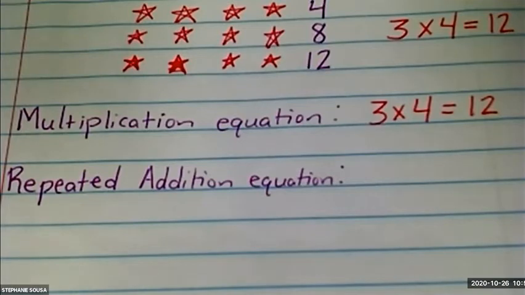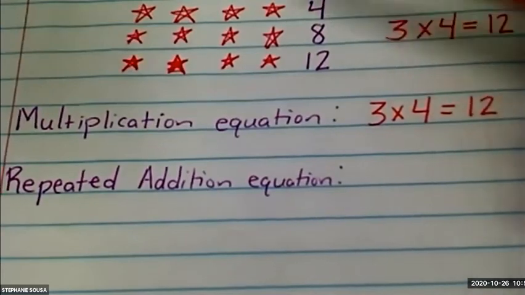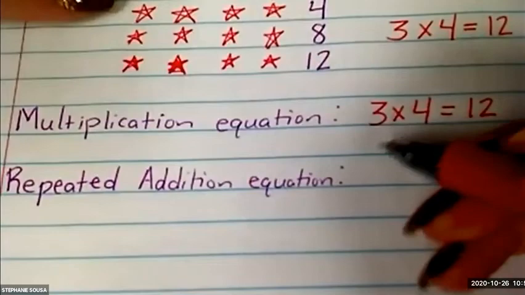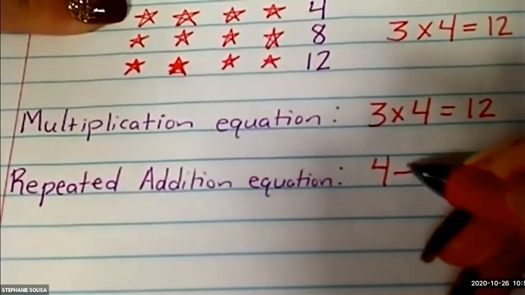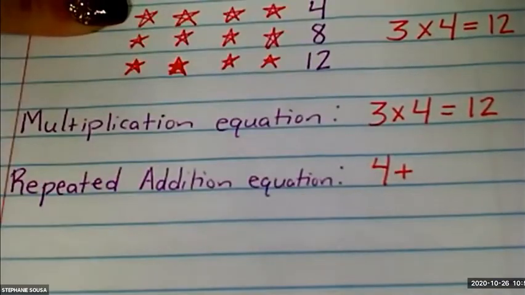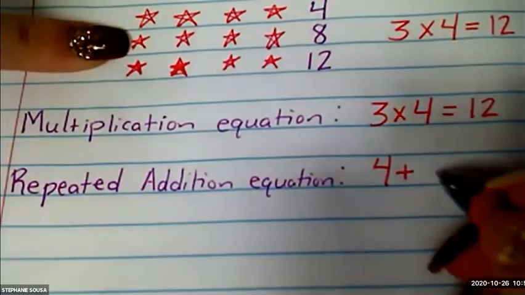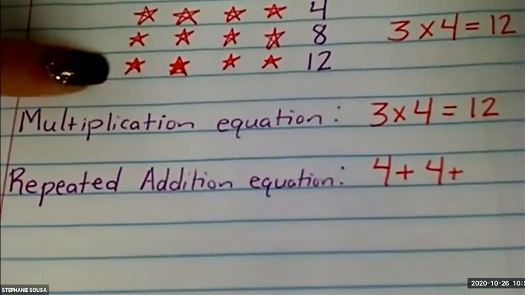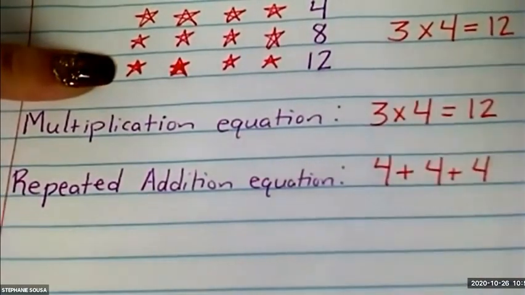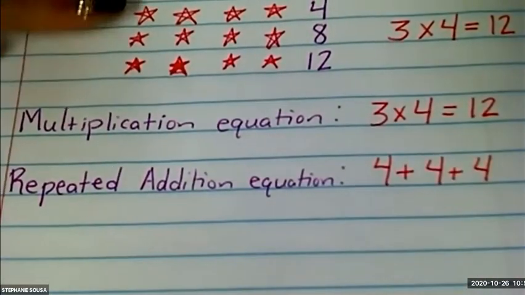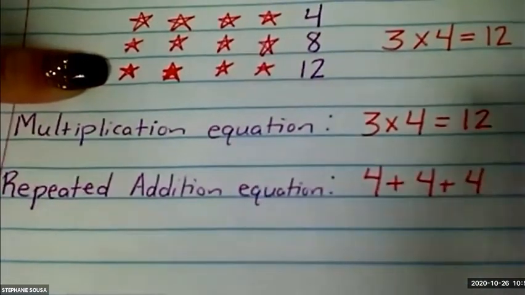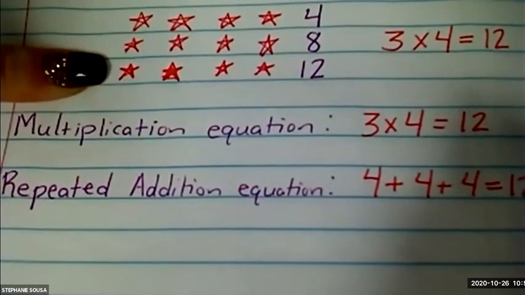We know that we created groups of 4 in this illustration above. So we will write how many 4s we created. We created 1, and there was a second group of 4, and there was a third row of 4. So this can be represented as 4 plus 4 plus 4 equals 12.